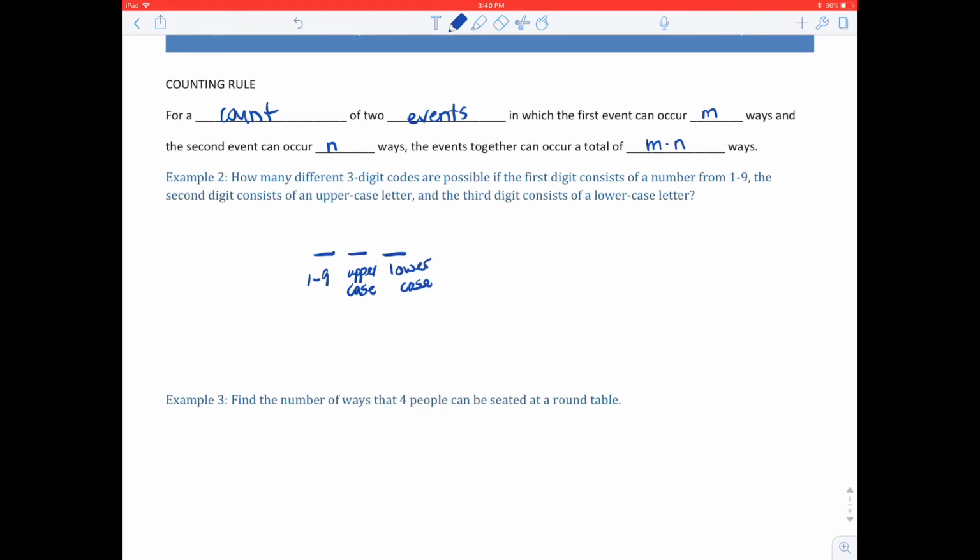Well, there are 9 ways to pick this one, 26 ways to pick the last 2. So the total number of codes you would have, and they would be unique because there would be no repeat of anything, would be this product. So let's see what that is.